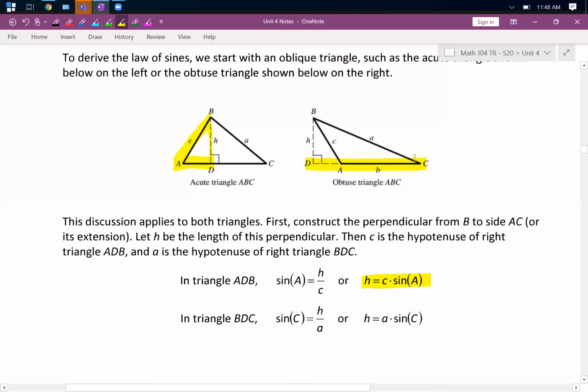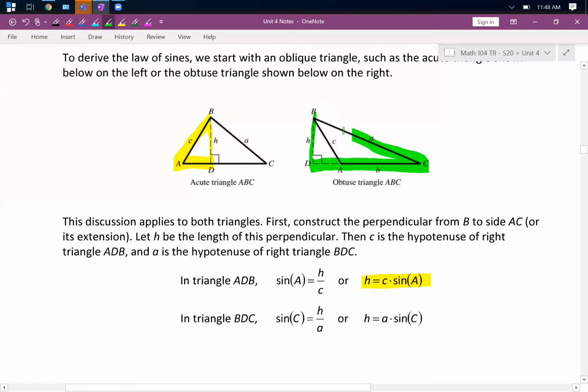Well, now I'm going to look at the obtuse triangle. I dropped a perpendicular to get the height, and I've created this right triangle right here. Again, I'm going to do SOHCAHTOA using angle A, opposite over hypotenuse. Oh shoot, sorry. I meant to look at the big triangle.